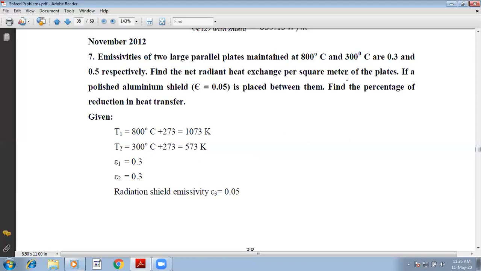It means you need to consider area to be 1 meter square. If a polished aluminum shield with the emissivity 0.05 is placed between them, find the percentage of reduction in heat transfer.